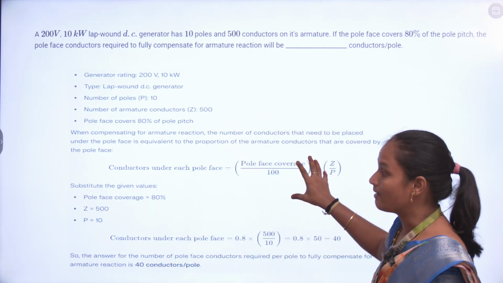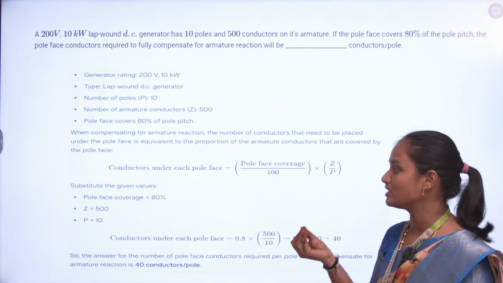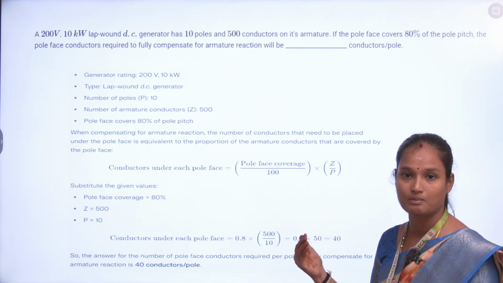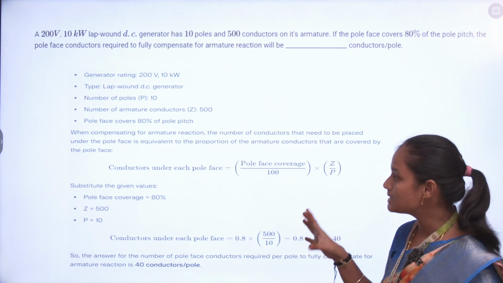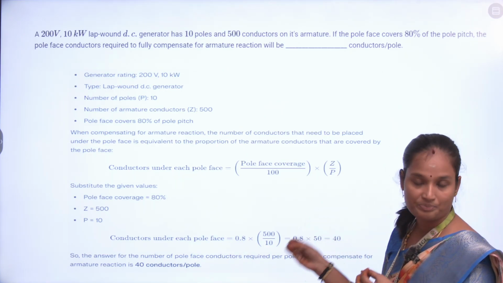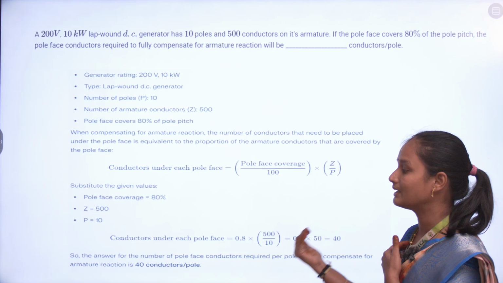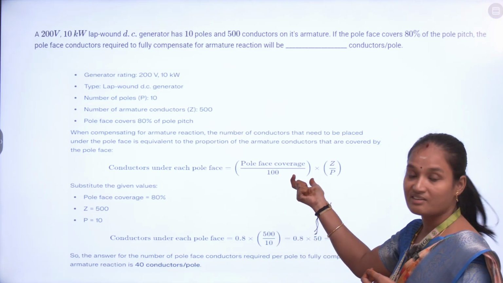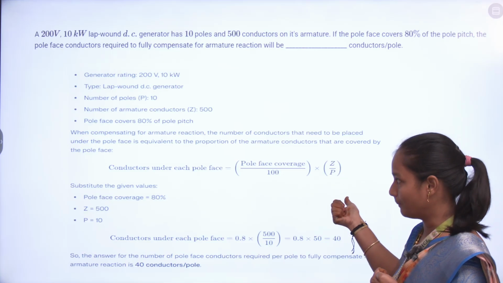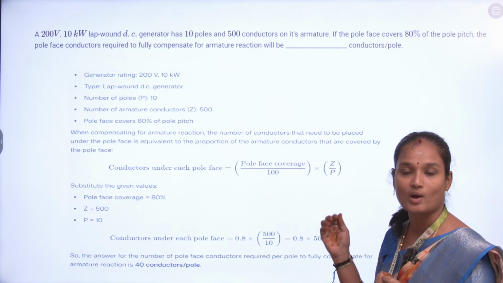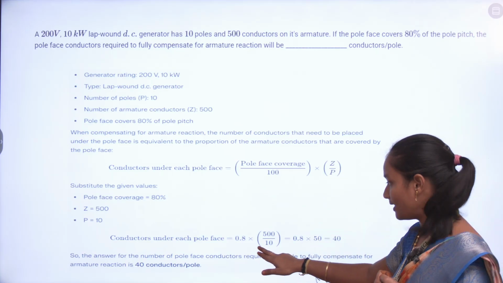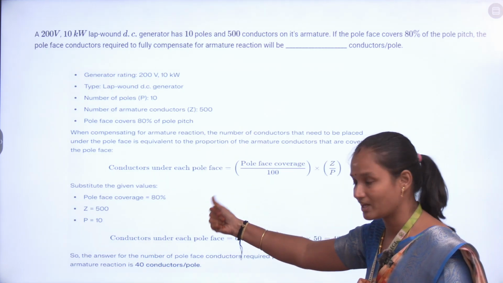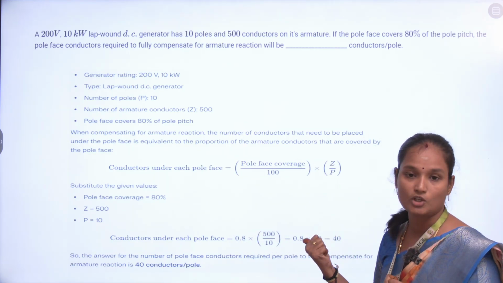They have given the pole coverage and the armature conductors, and for the lap winding the number of parallel paths is equal to 10. With these three inputs, we are about to find the conductors. For that the formula is pole coverage divided by 100, into Z by P. We know that 80 divided by 100 is 0.8, into Z, the number of armature conductors, 500, and P is the number of poles.